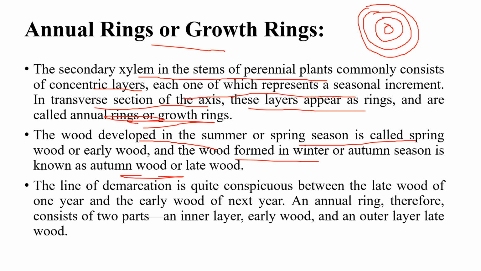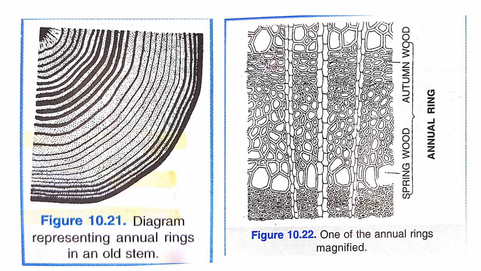The line of demarcation is quite conspicuous between the late wood of one year and the early wood of the next year. An annual ring therefore consists of two parts: an inner layer or early wood and an outer layer called late wood, which is formed in the autumn. So this is the diagram showing the annual rings in an old stem.